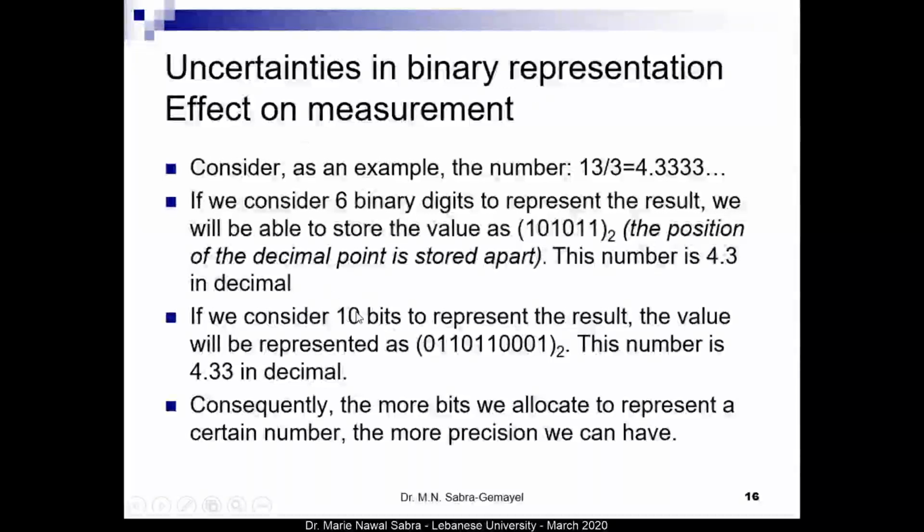If I consider 10 bits this time to represent the same number, I have a longer value, and if I convert it back, it's 4.33. So I gain in here 1 decimal digit precision. This means that if you have a measurement and the value you are looking for is at the second digit after the decimal point, if you look into a coding in 6 bits, you might be losing the information you set up your experiment for at the first time.